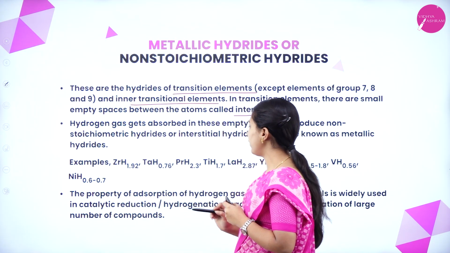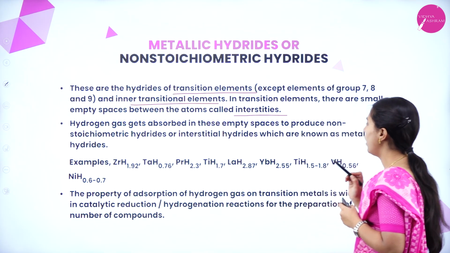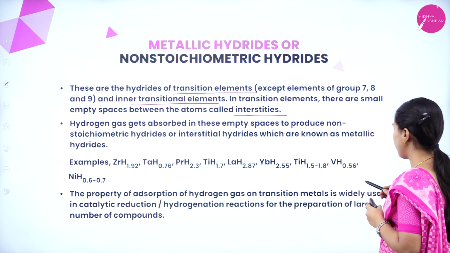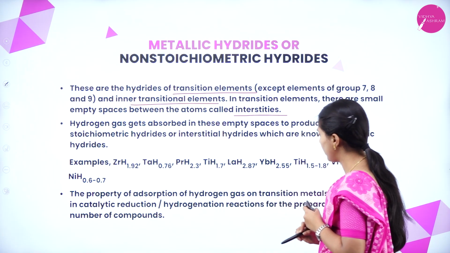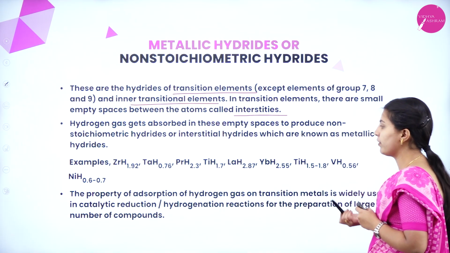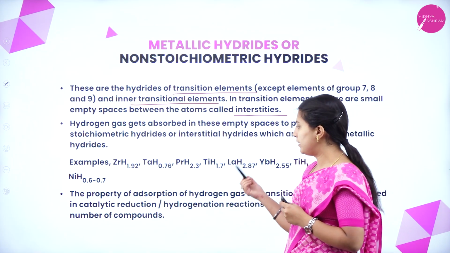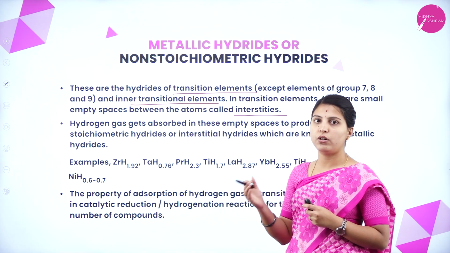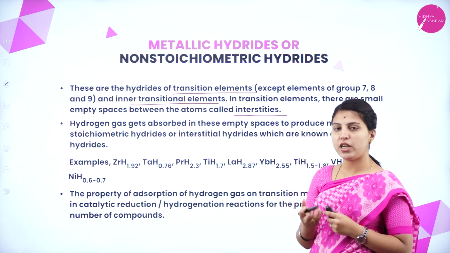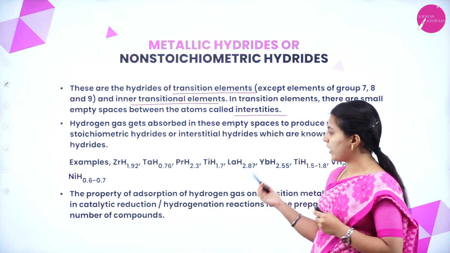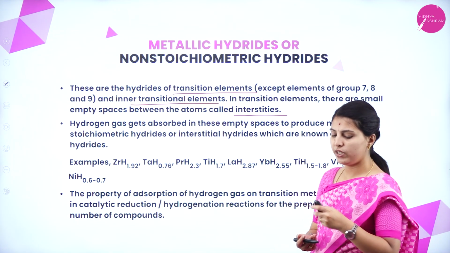The property of adsorption of hydrogen gas on transition metals is widely used in catalytic reduction or hydrogenation reactions for the preparation of a large number of compounds. This absorption or adsorption on the metals will be used as a major application process called catalytic reduction or hydrogenation.